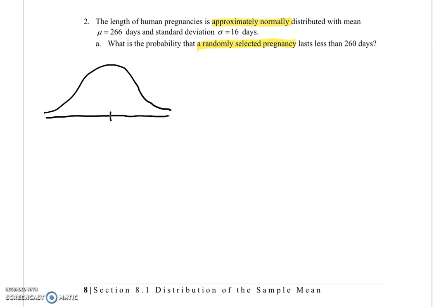We have a mean, which is 266. We have a standard deviation of 16. And we need that the pregnancy lasts less than 260 days. So here's 260, and we need less than.